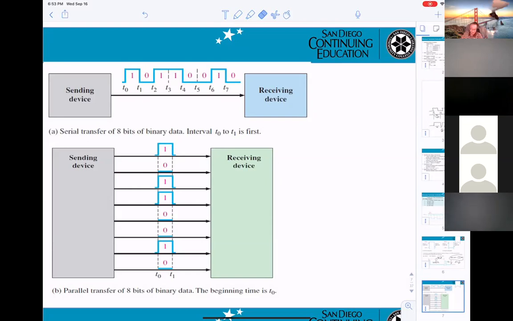Or 32 means 32 wires. So now you can understand one thing. When you want to transmit data from one place to the other, they have to use serial. However, when it goes into the computer, that serial must be converted into parallel. Otherwise, the computer cannot do it.